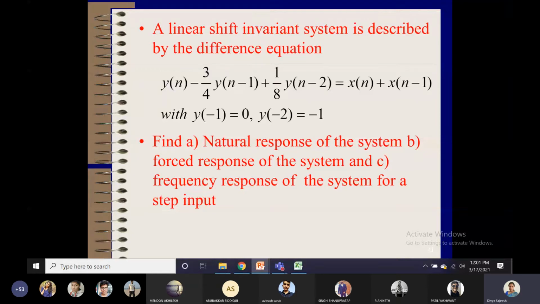Now one difference in solving the difference equation here is to apply the initial conditions. So to apply the initial conditions, there is a change in the Z transform which we have been using so far, because so far what we have done is the two-sided Z transform. That means the definition of the Z transform is the sum from minus infinity to infinity of x of n z raised to minus n.